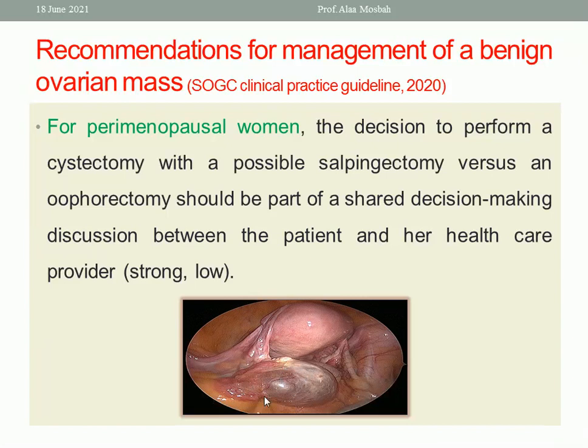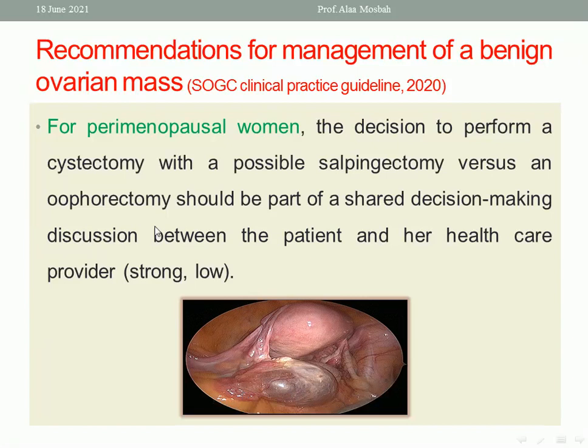The comparison here is between cystectomy with salpingectomy, or oophorectomy, where I remove the ovary with the cyst. You will ask me why you said cystectomy and salpingectomy on one side. Salpingectomy, because sometimes the source of ovarian malignancy, especially in serous carcinoma, is commonly related to origin from the fimbrial end of the fallopian tube and the serous tubal intraepithelial carcinoma.